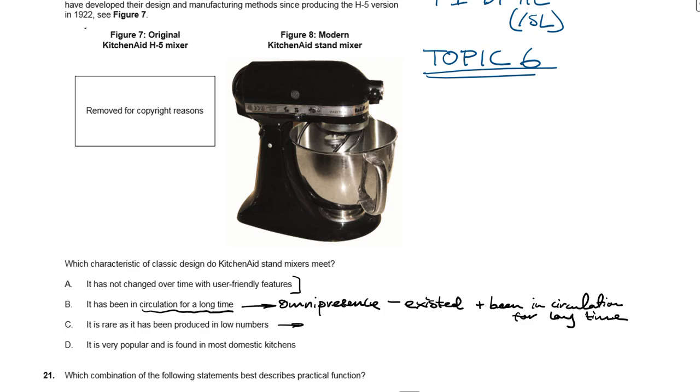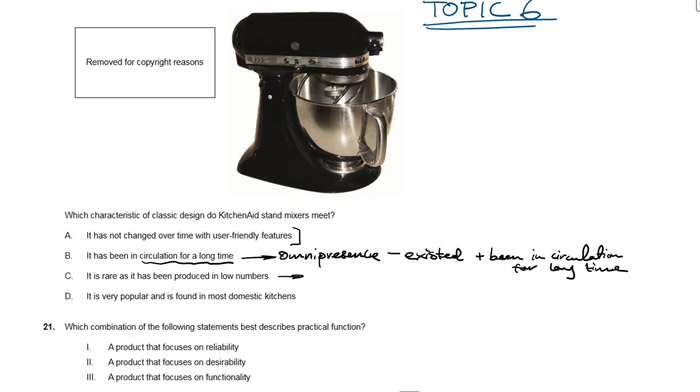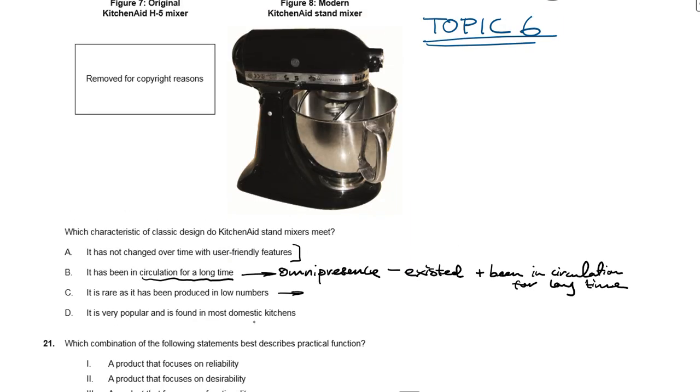So let's consider the other options. It is very popular and is found in most domestic kitchens. That is possibly true. That is ubiquitous, right? Ubiquitous. We want to remember these key terms. It's going to come up in paper 2. And ubiquitous means it can be found almost everywhere.